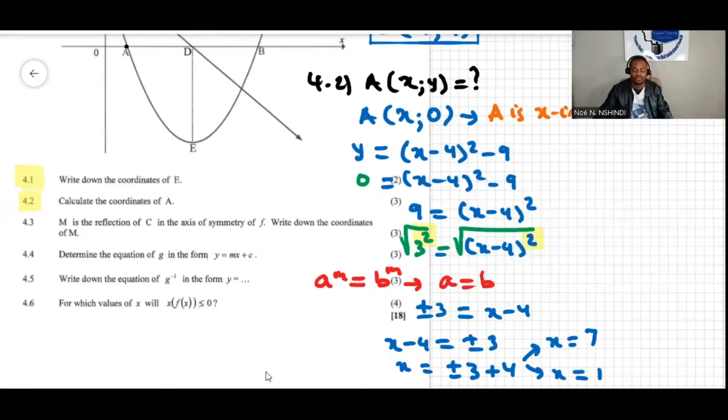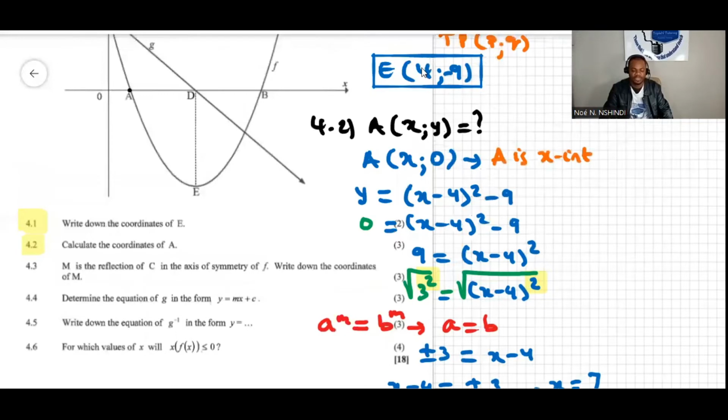Now, which one is the actual x value of A? It's easy to see that A must be x equal to 1, but let's prove it. I'm going to look at the value of E, because the x value of A must be less than the x value of E, since E is a little bit further along than A. So if E is 4, A cannot be 7.